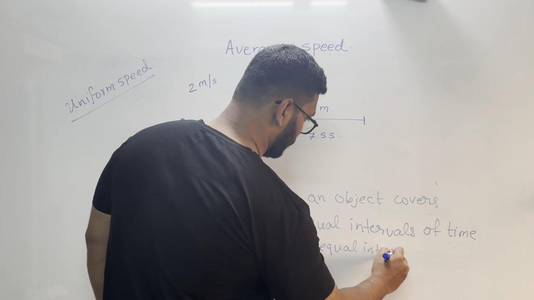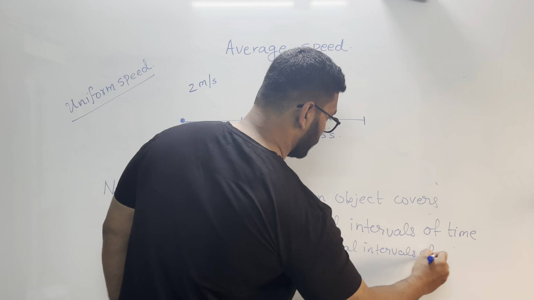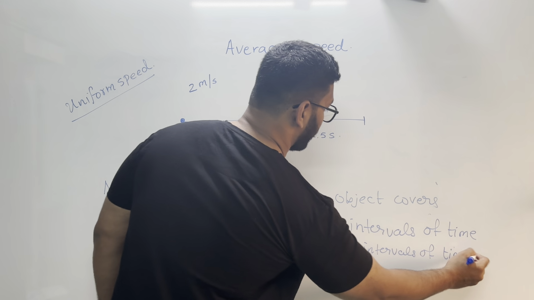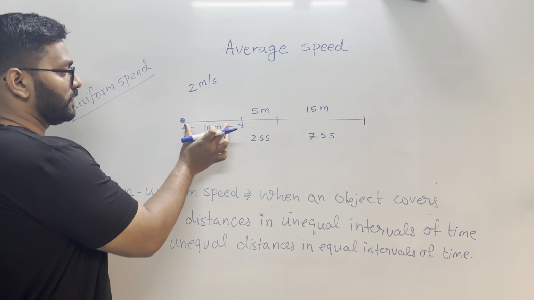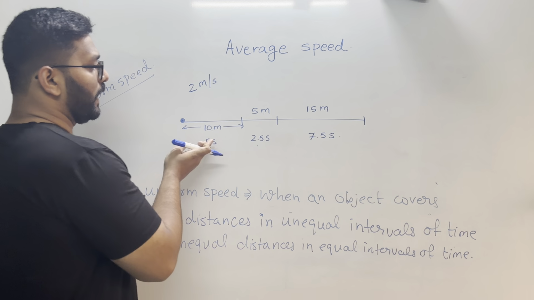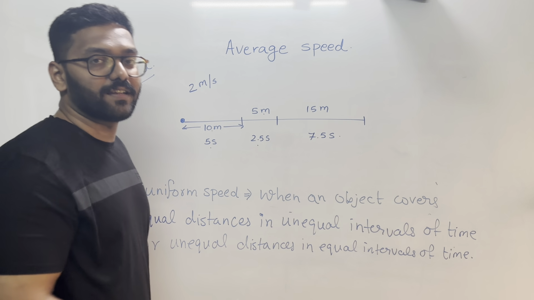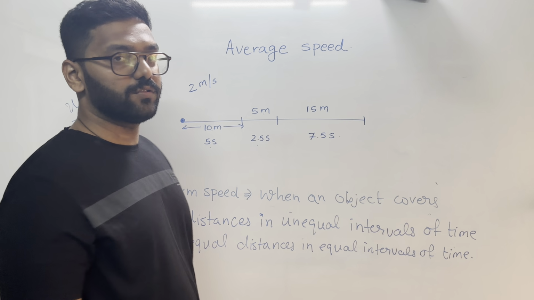Either you fix the time interval or distance interval, then you will understand if it is a uniform motion or not. If we fix the distance interval to be 10, then the time automatically will become 5 seconds, and you will see it is a uniform motion.